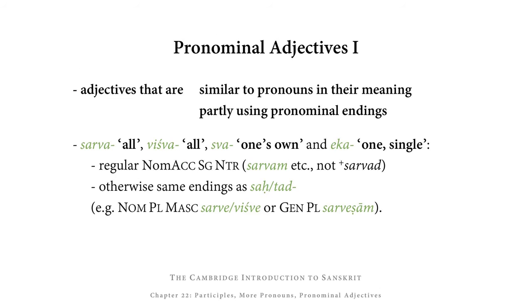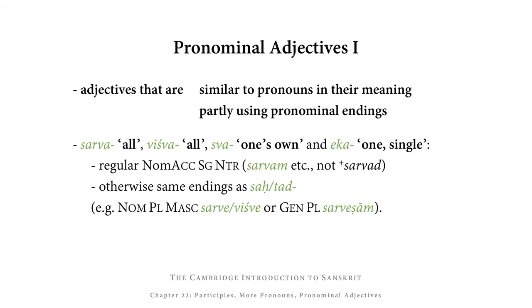In addition to pronouns and adjectives, Sanskrit also has something called pronominal adjectives. These are adjectives that are similar to pronouns in their meaning and therefore partly use pronominal endings. So basically pronominal adjectives are between pronouns and adjectives, both in their meaning and in their forms. These are sarva, meaning all, viśva, meaning all, sva, meaning one's own, and eka, meaning one or single.